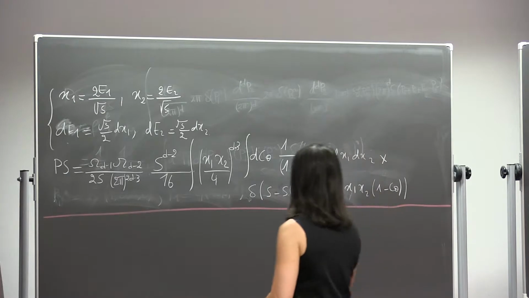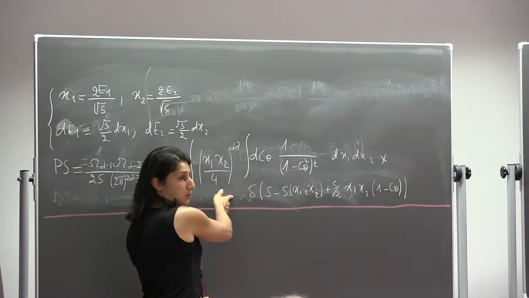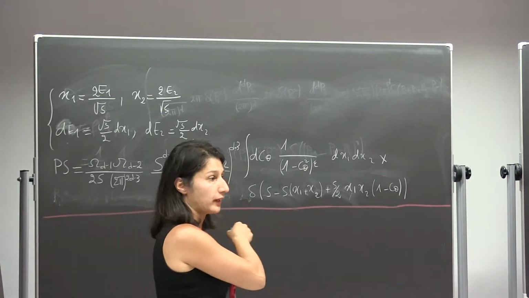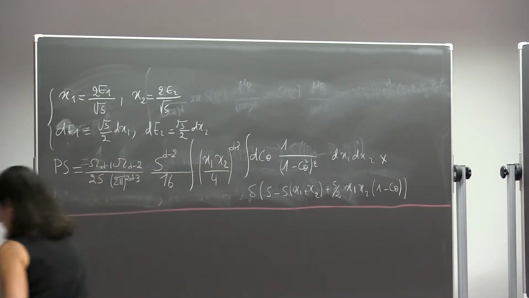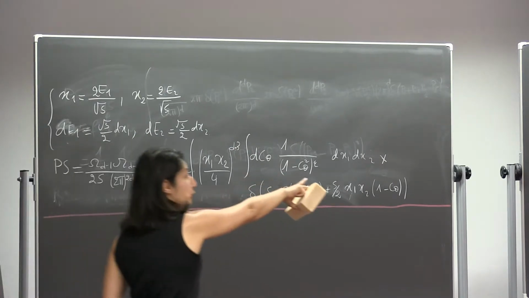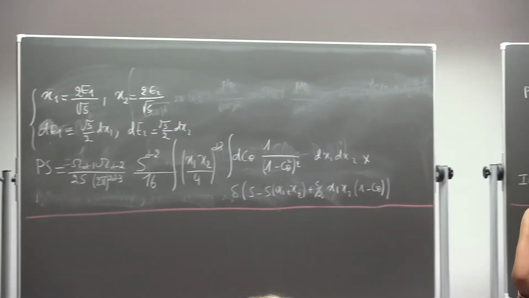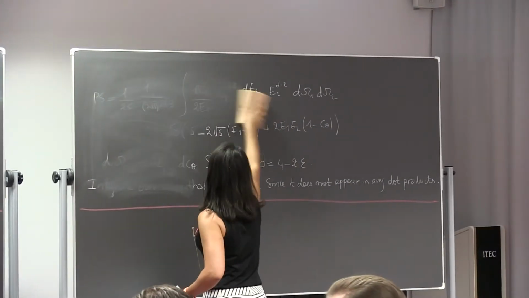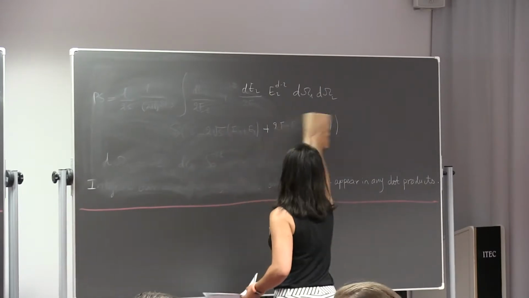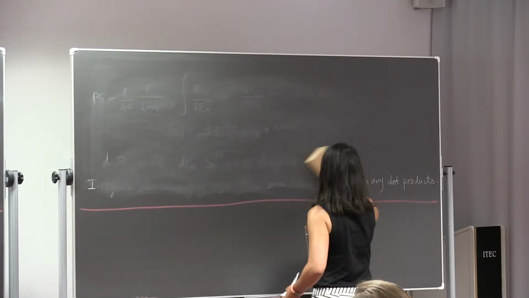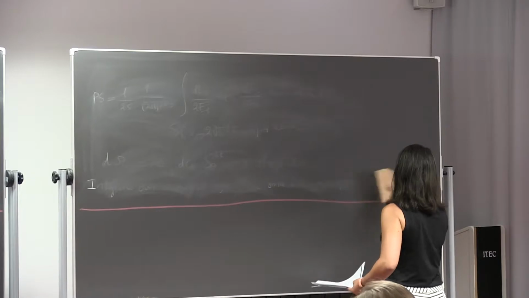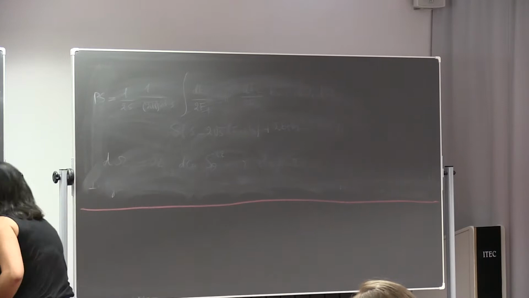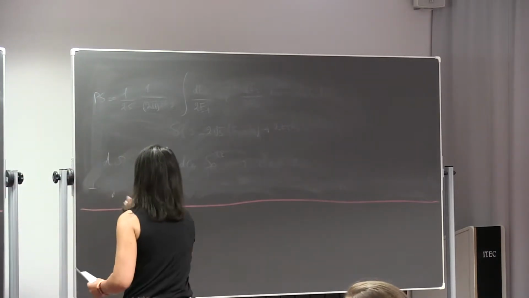So now I will use this delta function to get the value of cos theta in terms of x1 and x2. Okay?